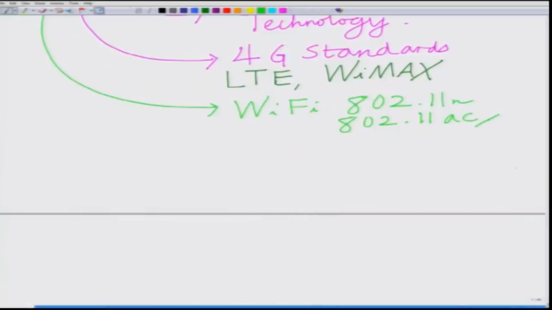So, to understand estimation for OFDM, we have to first understand what orthogonal frequency division multiplexing is about. To understand that, let us again start with our ISI, or intersymbol interference limited channel, as we have seen many times before.